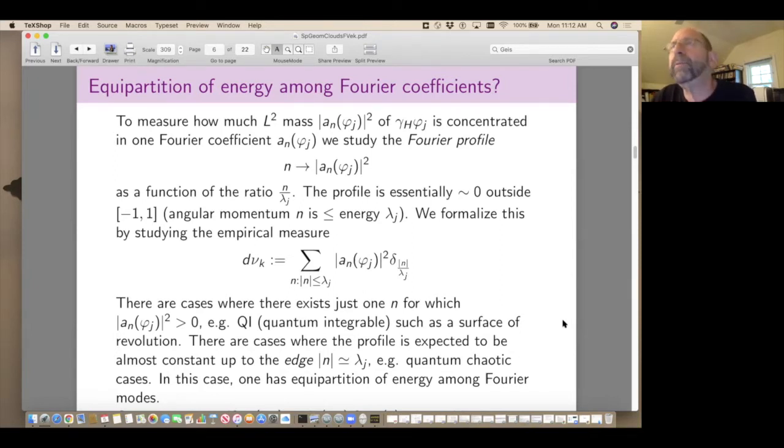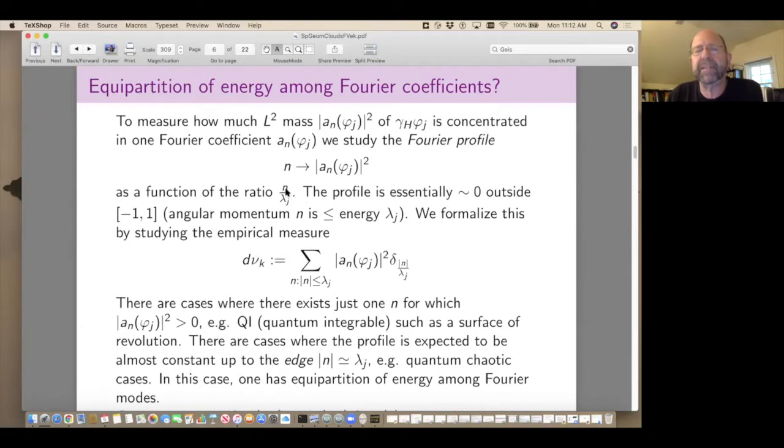So it's a sort of frequency along the curve versus the frequency on the entire manifold. The profile is essentially zero outside of -1 to 1, because n is like an angular momentum and lambda_j is like an energy, and the angular momentum is less than the energy. So we normally study this when the ratio is between -1 and 1.